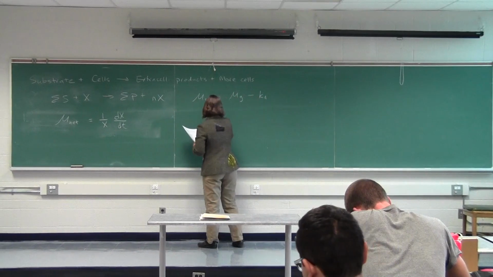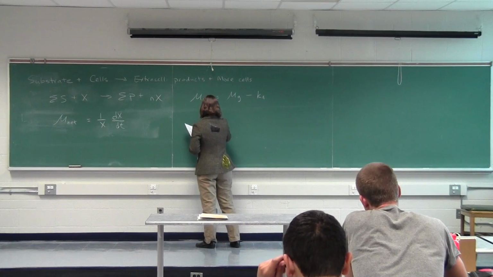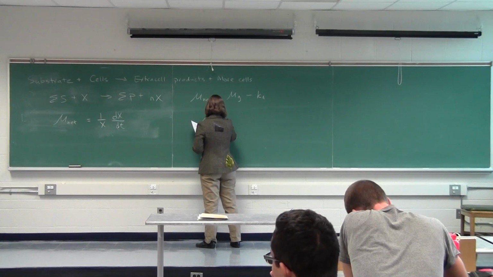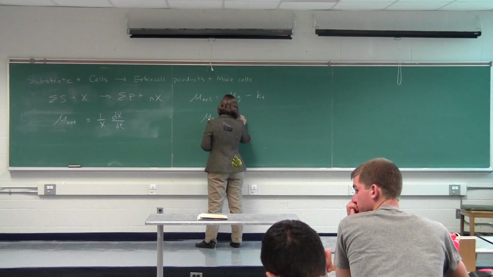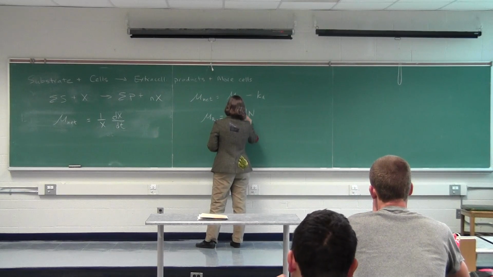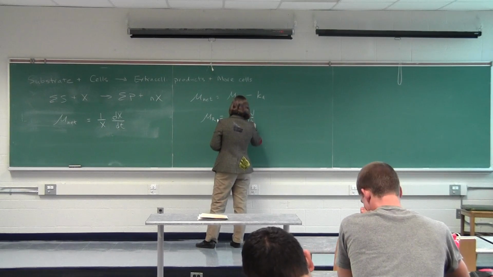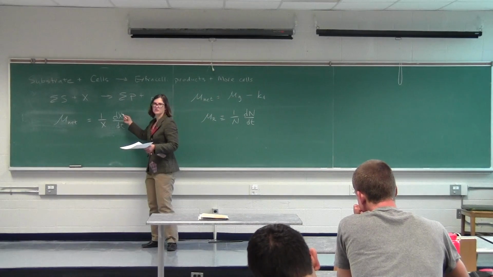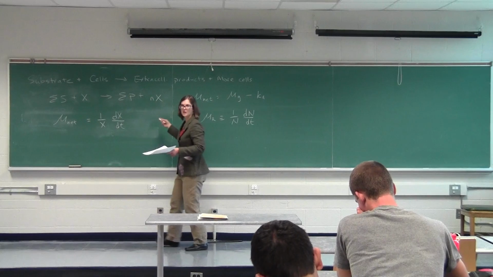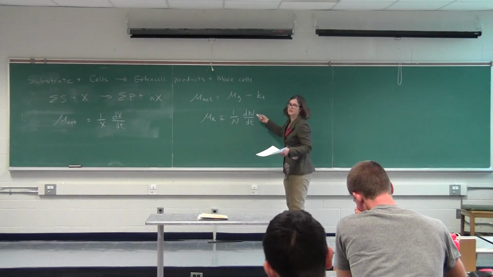Sometimes they'll actually define it by the cell number. So this is usually cell concentration based on mass. Sometimes you actually count the cells.